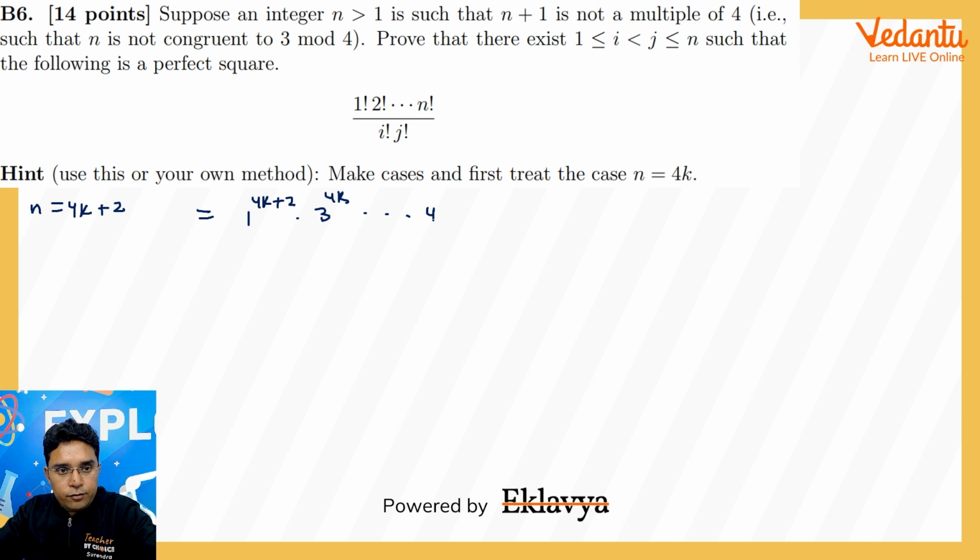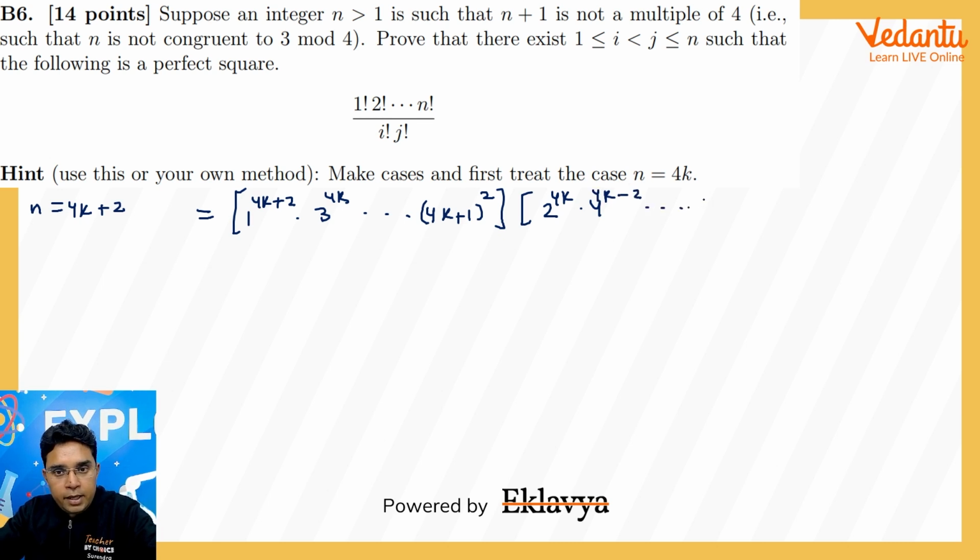And the last odd number 4k plus 1 will be having, I think, 2 power. Yeah, 2. And then again I will be writing the same thing, that take 2 outside, 2 power will be actually 4k plus 1, but I will write 4k. Then 4 will be having 4k minus 1, but I will write 4k minus 2, and so on.